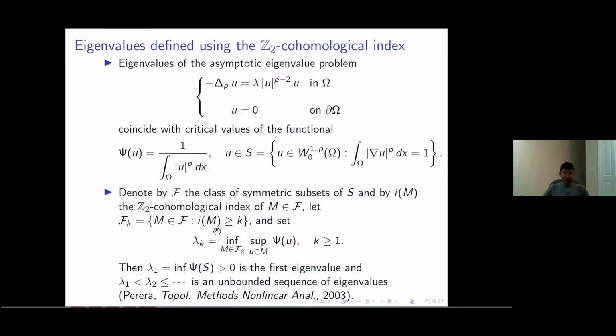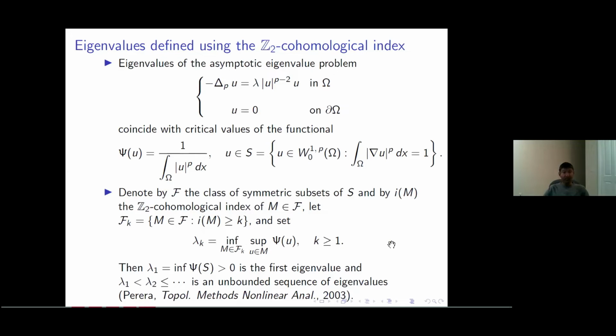So here's the minimax scheme. Denote by F the class of symmetric subsets of the unit sphere, and by i(M) the index of the set M. Then you take the class of such sets with index bigger than or equal to k, and you do a min-max over that class.